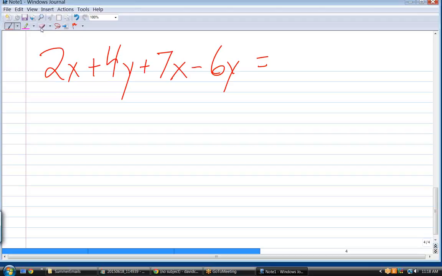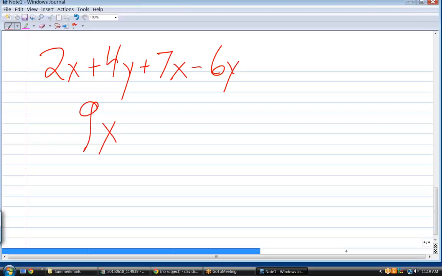In other words, I don't even need the equal sign here. Just simplify that expression. How many x's do we have? We have 9. Okay, so we can combine like terms.